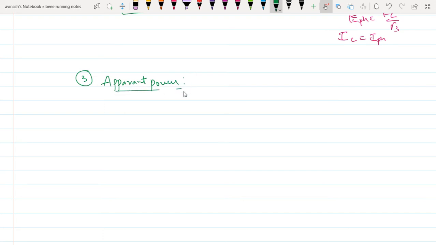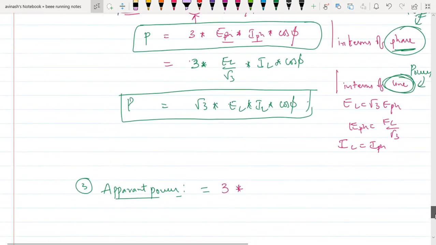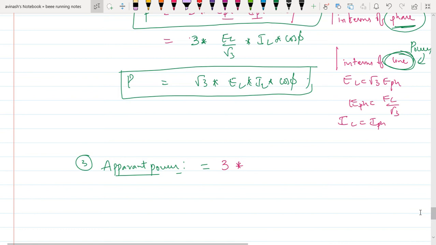Apparent power, in case of a star connected load, is equal to, let me write here, we are finding the total power, so we have to multiply for 3 phases. 3 into what is the power we have described here? 3 into 3 into E phase into I phase.